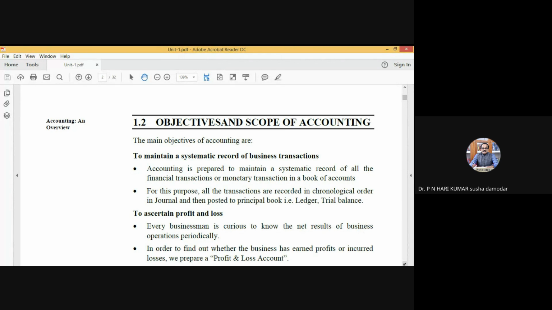The transactions are firstly entered in the journal, posted or recorded in the ledger, and then the trial balance will be prepared later. So these are the main books of accounts to be prepared by every businessman as per the principles of accounting. So the first objective, to maintain a systematic record of business transactions.